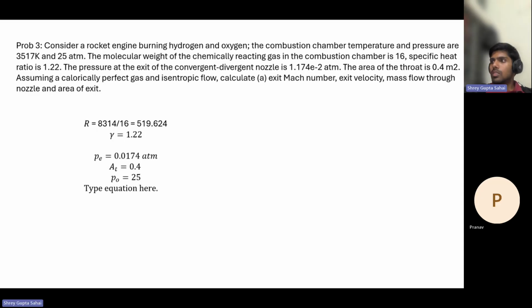So if we use this, find a Mach number, right? We do this. It's quite a very high ratio. Let's say 4. What is this value?